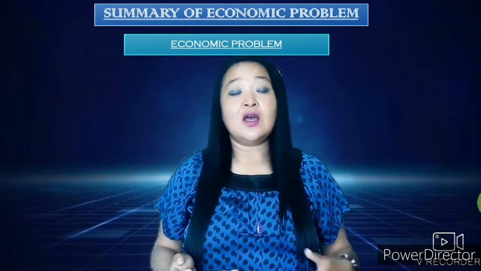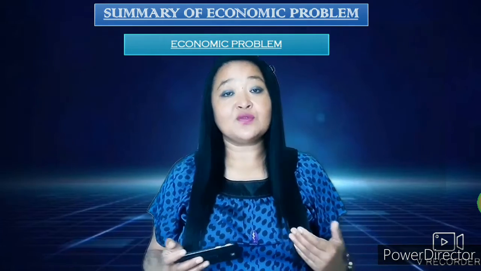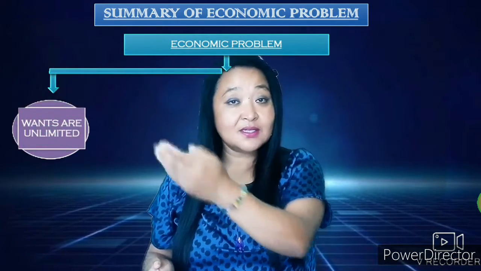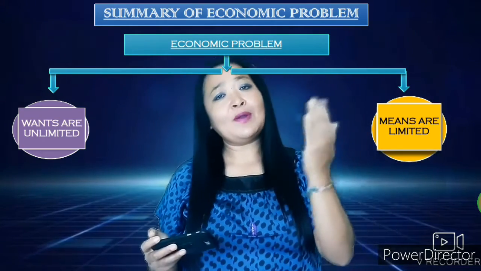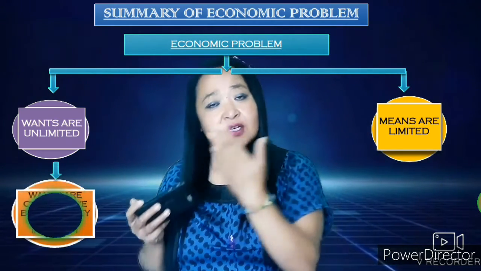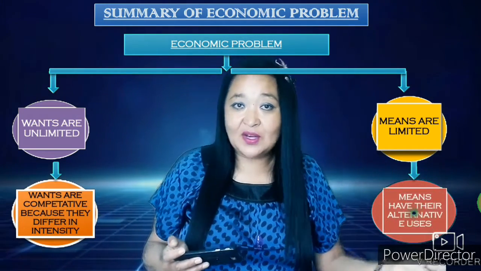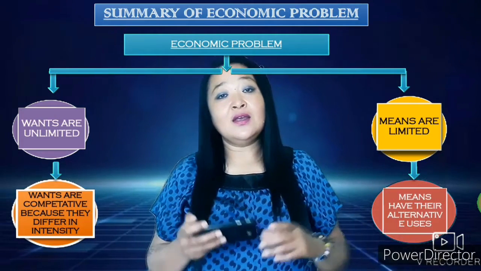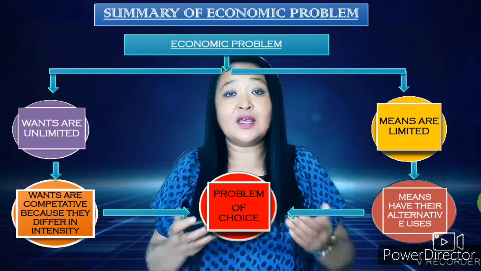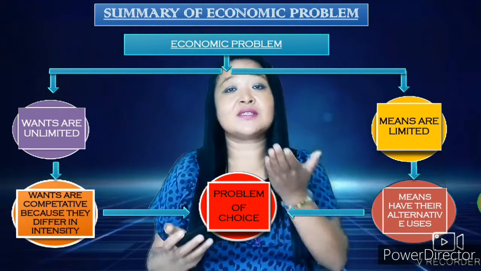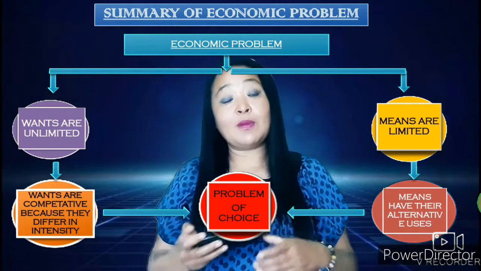An economic problem arises, first of all, because wants are unlimited, whereas the means to satisfy the wants are limited. Wants differ in urgency and intensity, whereas the resources have many alternative uses. So finally, the bottom point is, economic problem is nothing but a problem of choice.